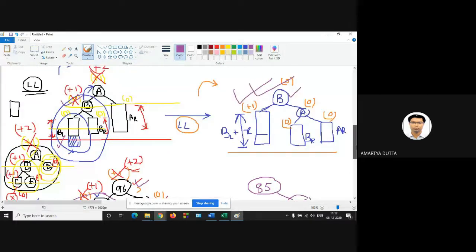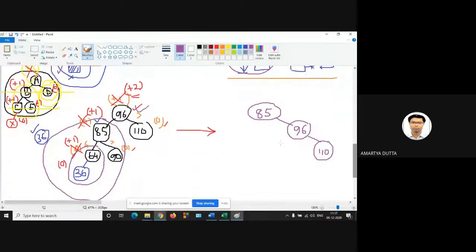Now the left part of B is BL plus X. So BL plus X means the left part, 64 and 36. 64 is BL. And what is the value of X? That is 36. Okay.